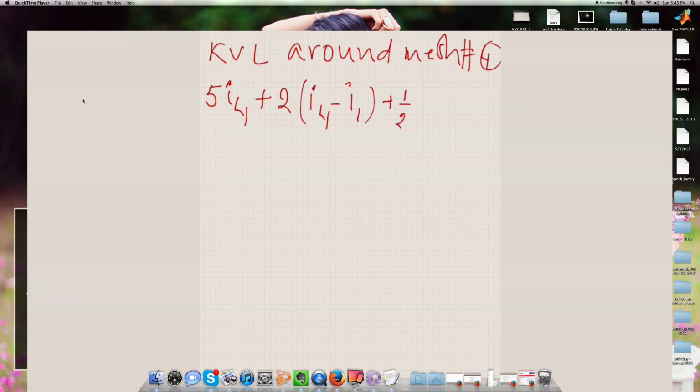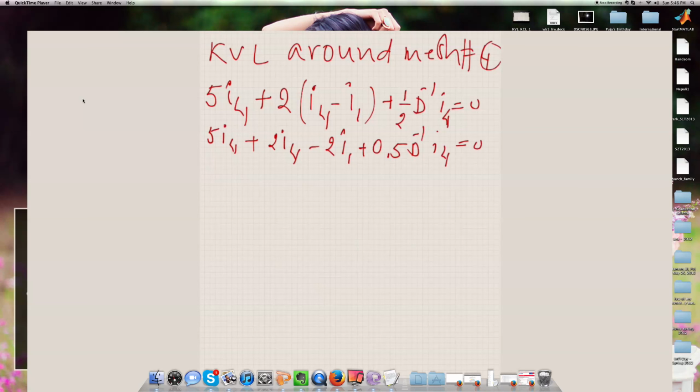I4 equals 0, which is to say 5 I4 plus 2 I4 minus 2 I1 plus 0.5 D inverse I4 is 0. What shall I say?